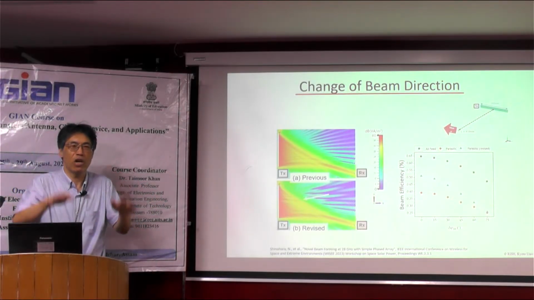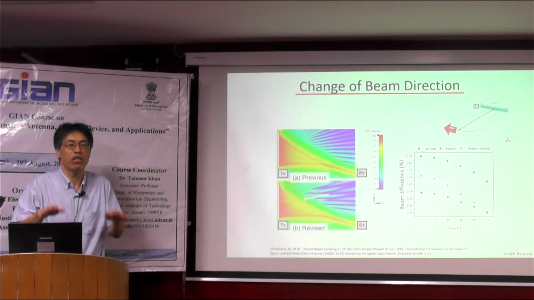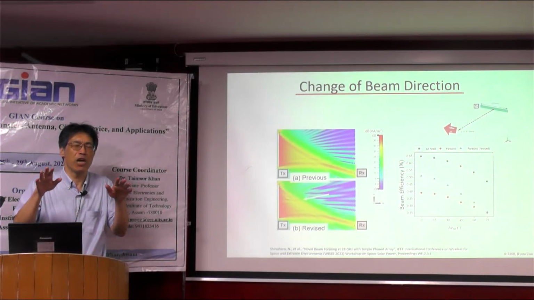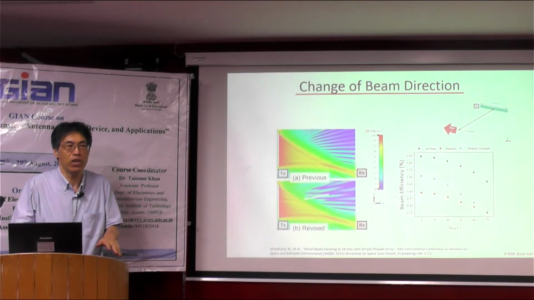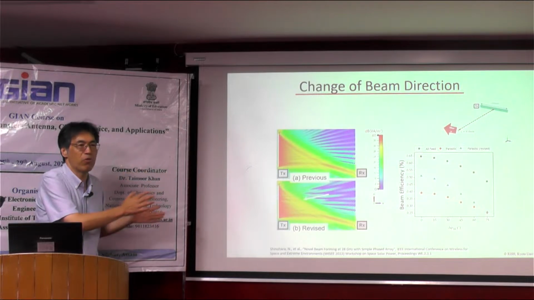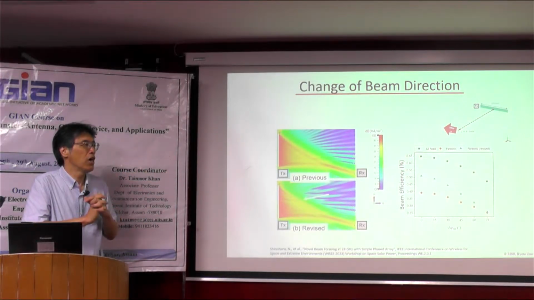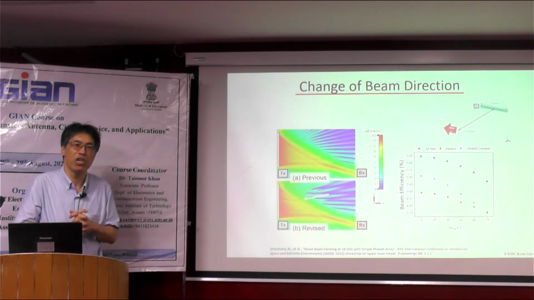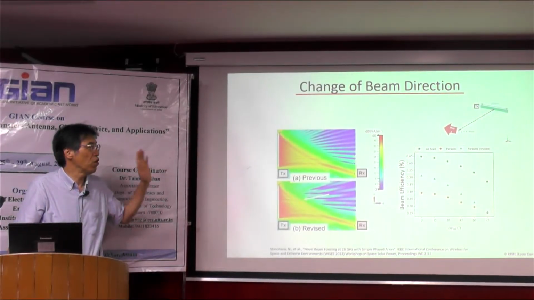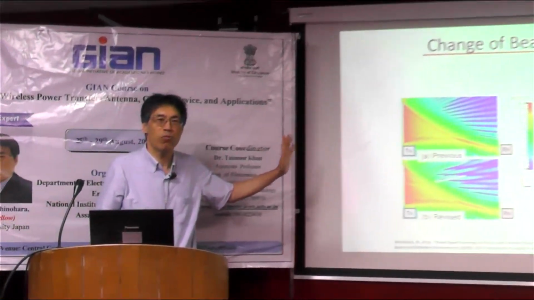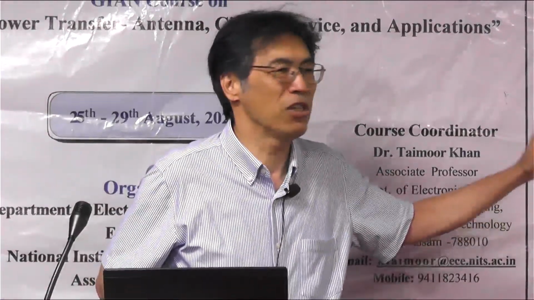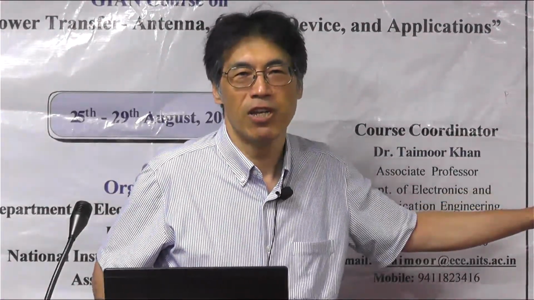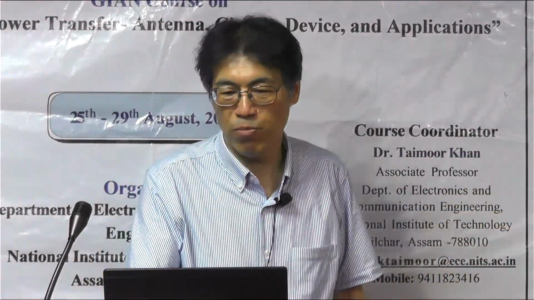And we can suppress the unexpected radiative wave, and we can keep safety for the radiative WPT system. So for the advanced WPT business or the solar power satellite, this phased array antenna, hopefully with low cost, is expected. So that's all my talk.